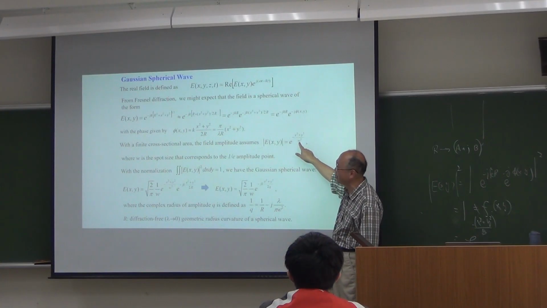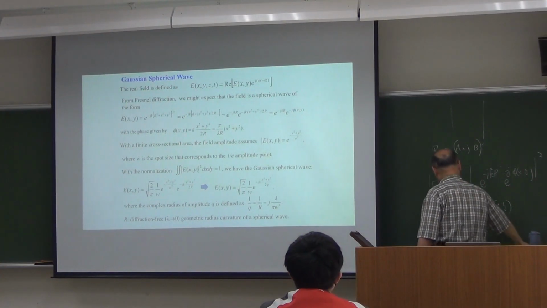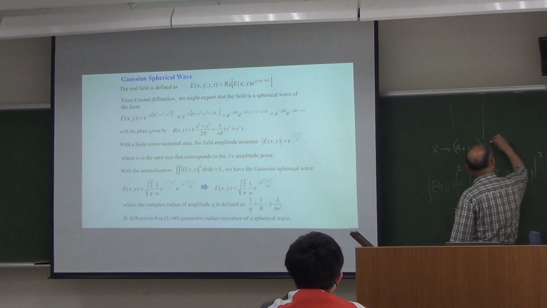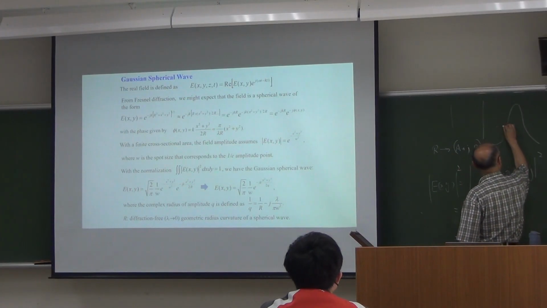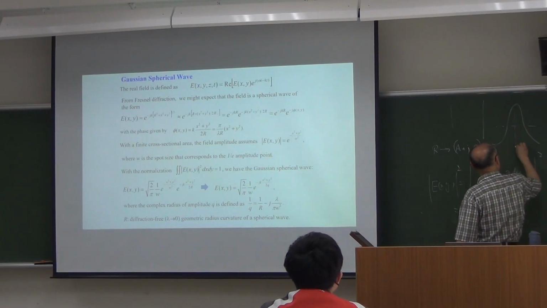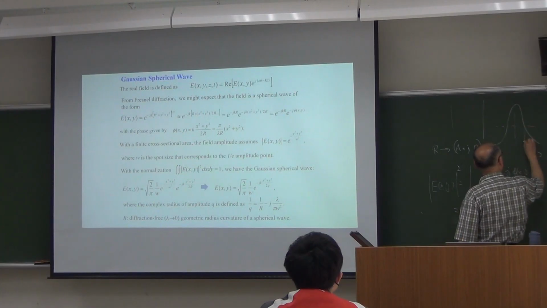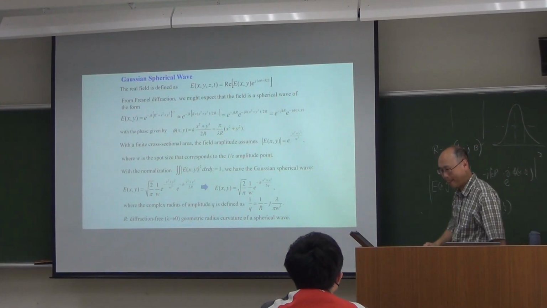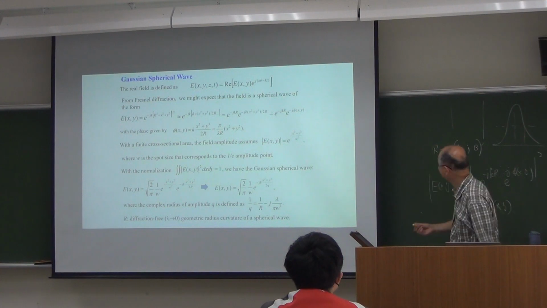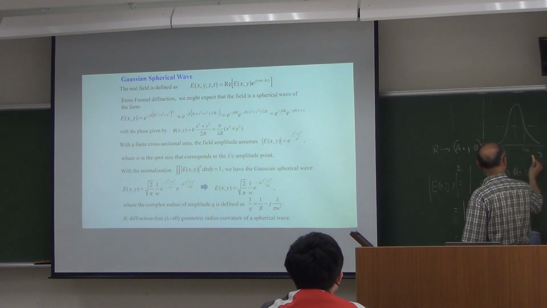W basically is the radius. It's 1 over E. This is the W here.